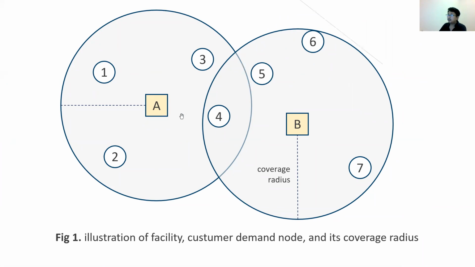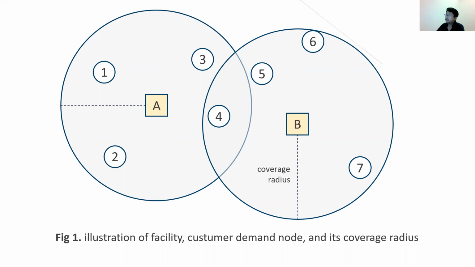The terminology of covering, or a facility covering a customer, is defined by the distance: the nearest distance from the customer to the facility is less than the coverage radius.